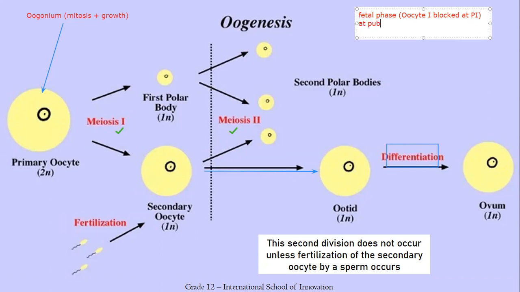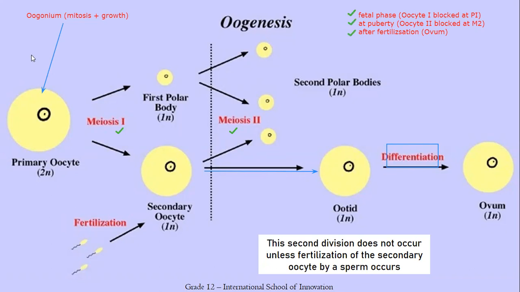Then at puberty, an oocyte 1 continues its meiosis, and then we get oocyte 2 blocked at metaphase 2. Only and only if fertilization happens, after fertilization, this oocyte 2 will continue its meiosis and will differentiate into an ovum. 3 different phases. It's not a continuous process.